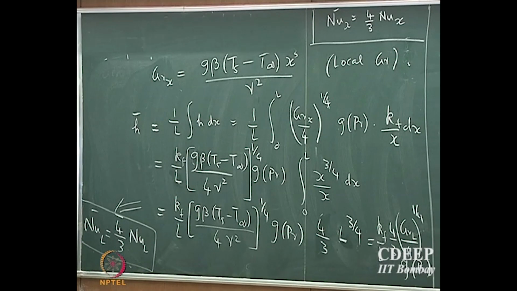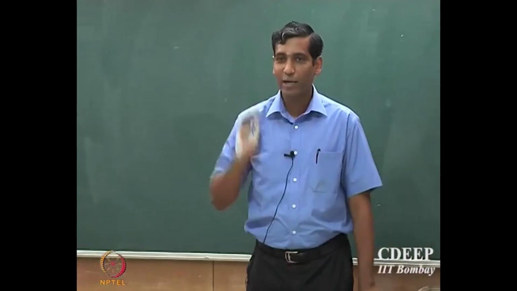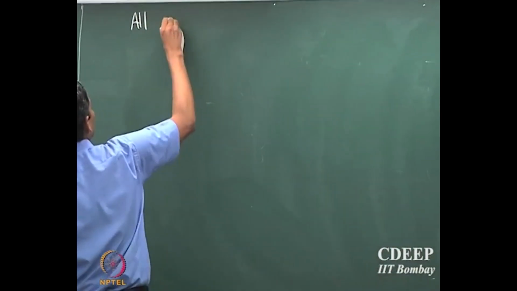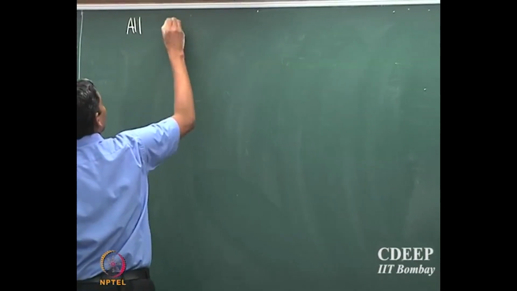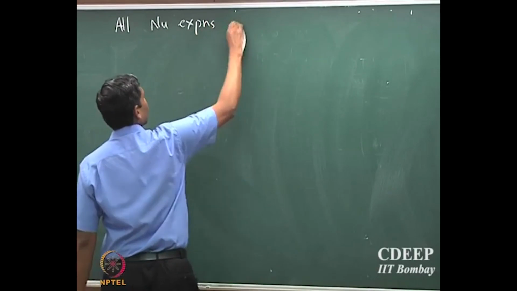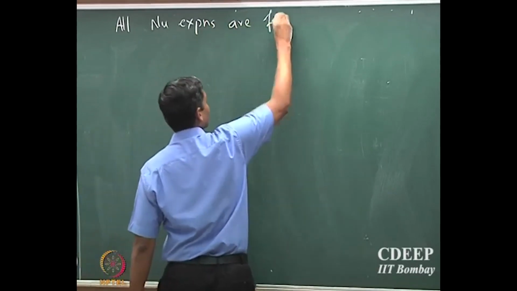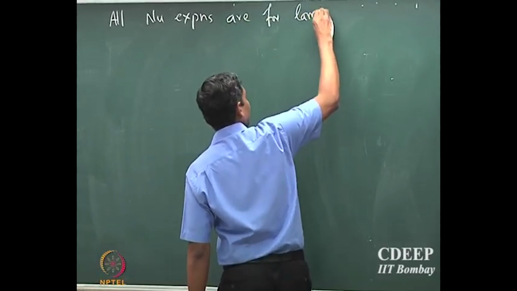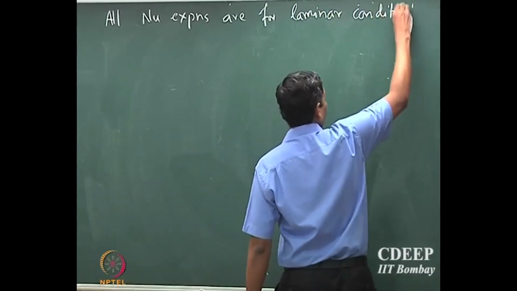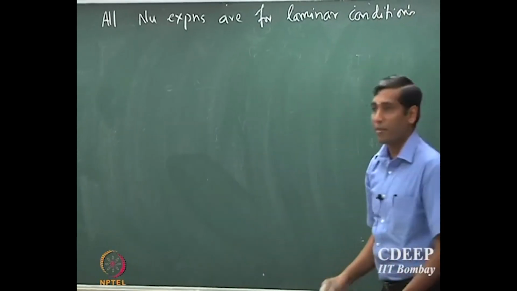All that we have done so far, all equations and all Nusselt number expressions, are for laminar conditions, although I should have mentioned it earlier. There is a particular reason why I did not mention laminar.